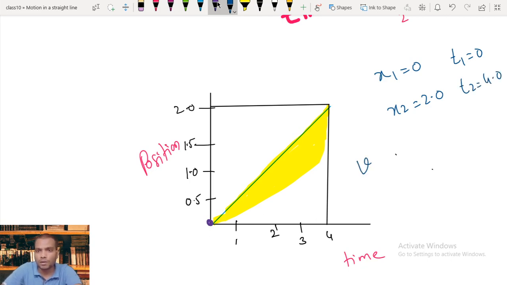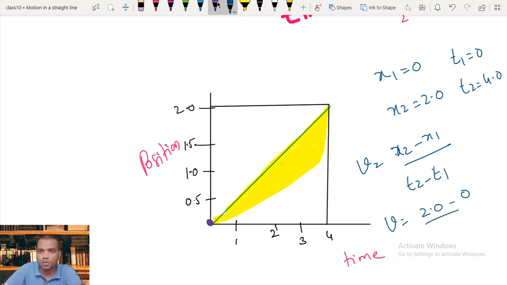So velocity formula v equal to (x2 minus x1) upon (t2 minus t1). So velocity v equal to 2.0 minus 0 upon 4.0 minus 0. So velocity equal to 2 by 4, which equal to 1 by 2, which equal to 0.5.